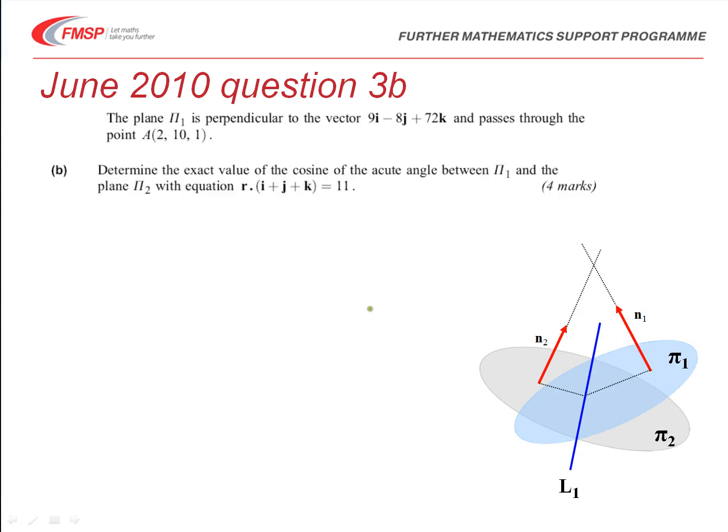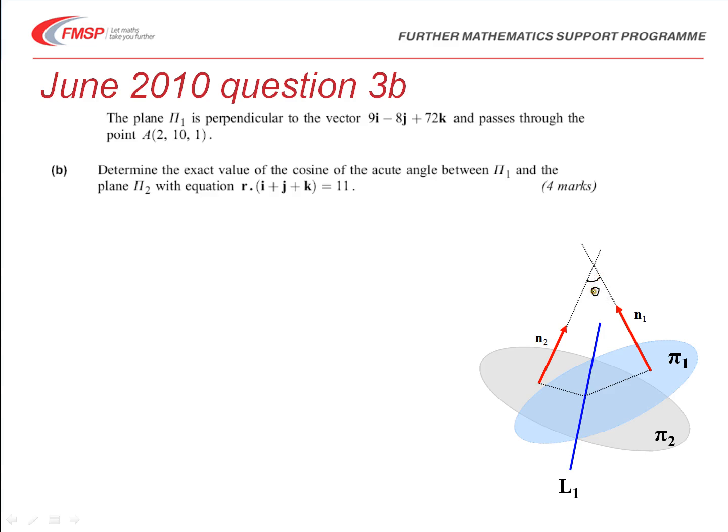Moving on to the second part then, we know from our 2 equations that we have the normals for both of these planes, because we know one normal, n1, is 9, negative 8, 72, and the other normal is 1, 1, 1. And we know then to find the angle between the planes, we need to find the angle between the normals up here.